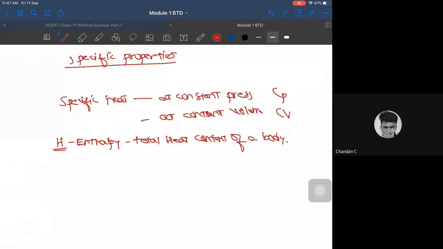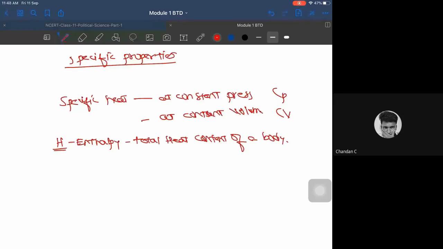This you will come across in the second law of thermodynamics. Where H is enthalpy. And what is enthalpy? Enthalpy is total heat content of the body. How much heat capacity does a body have? So that particular description is validated using this property.